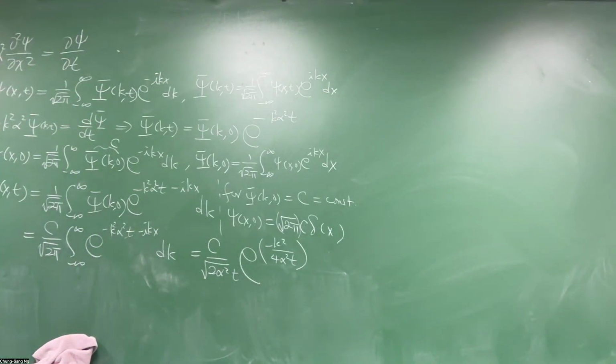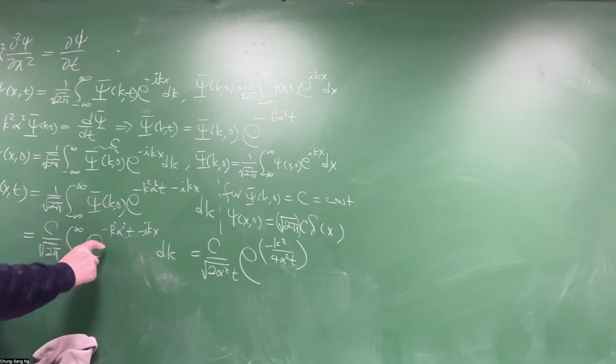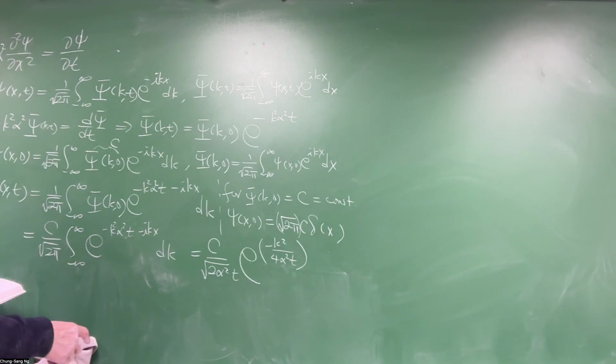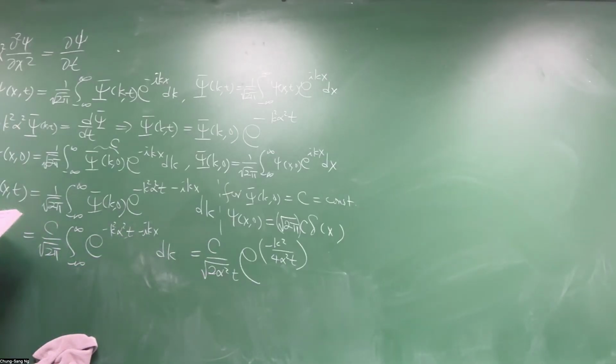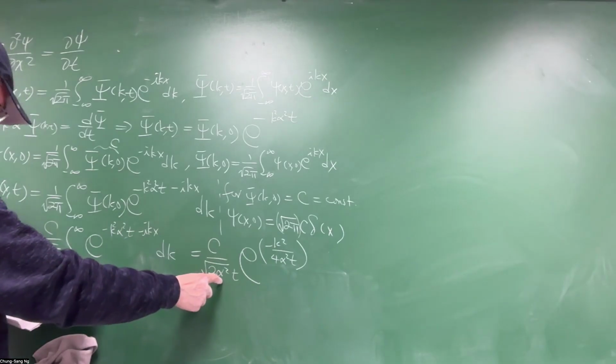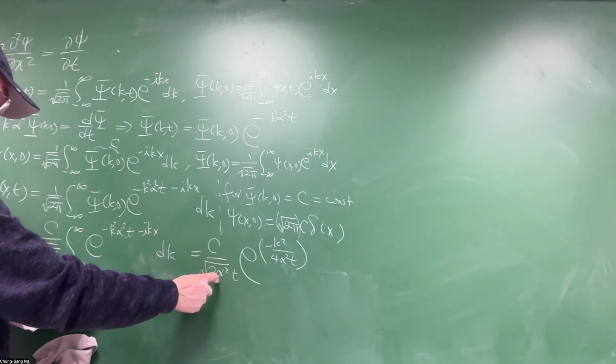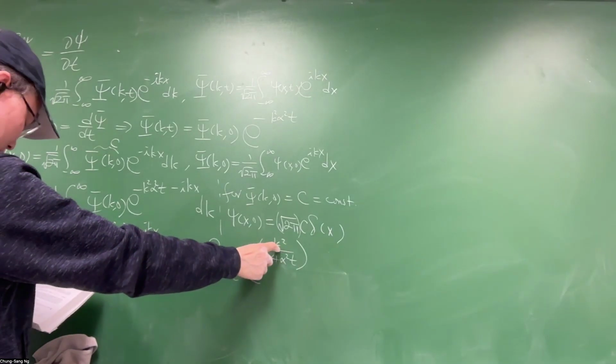That is after you apply the Fourier transform of the Gaussian. That should be the answer in the textbook. C over 2 alpha. Is that alpha or a? Actually, your textbook uses a. I write alpha. This doesn't matter. You call it a.